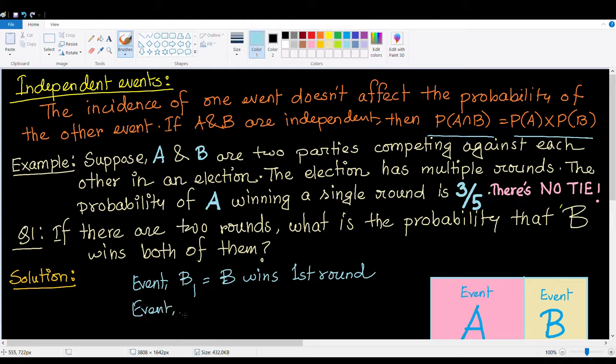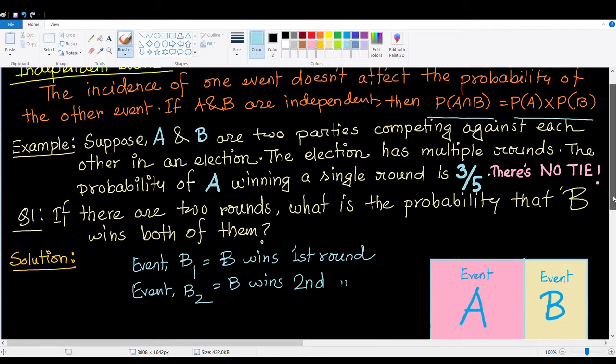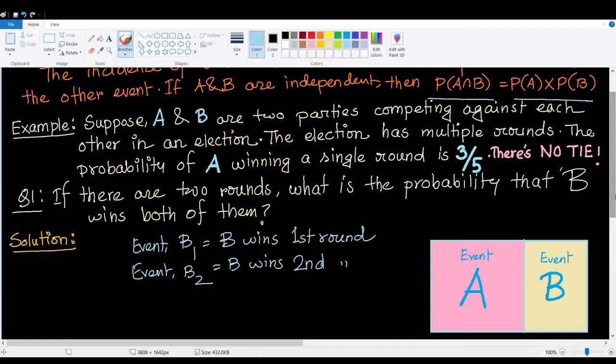Similarly, we are defining B2, that will denote the event of B winning the second round. So for B to win both of the rounds, we want these to happen, right? Because when B1 and B2 both happen together, we can say that B won both of the rounds. So we are interested in finding the probability of B1 intersection B2.